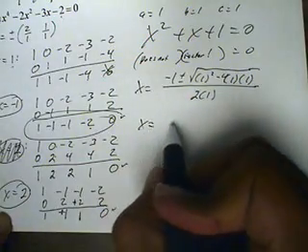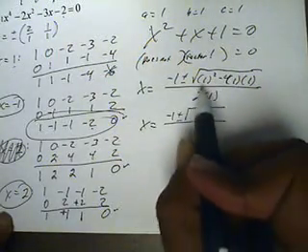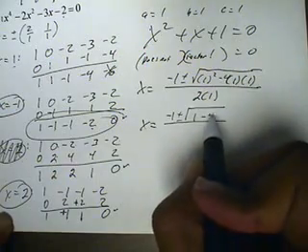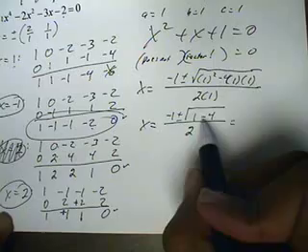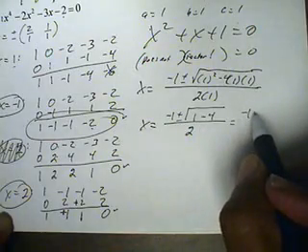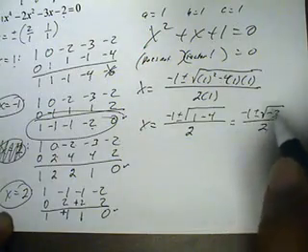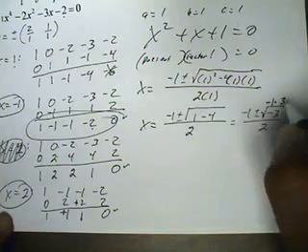Next, we're going to have negative 1 plus or minus the square root of 1 squared is 1. Negative 4 times 1 is negative 4. And it's all over 2. The negative 1 and the 4 combine to become a negative 3. The negative 3 can be broken down into negative 1 times 3.